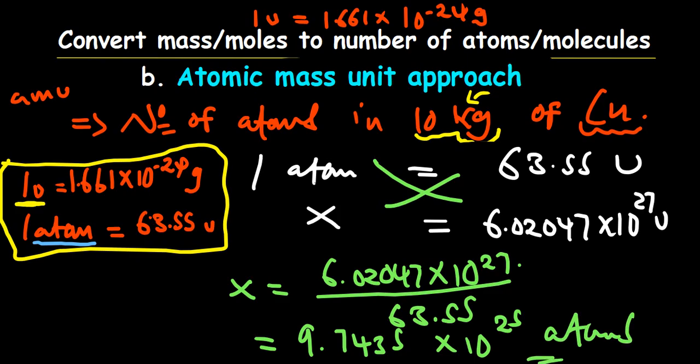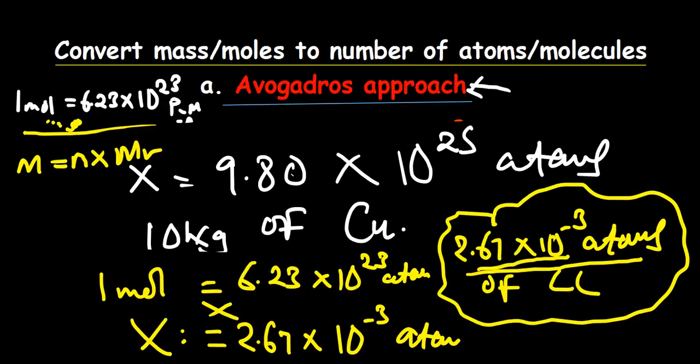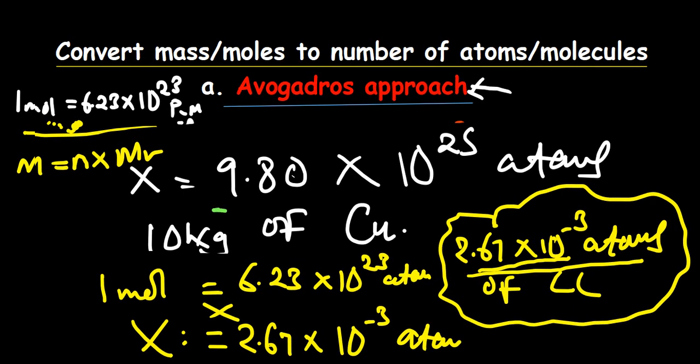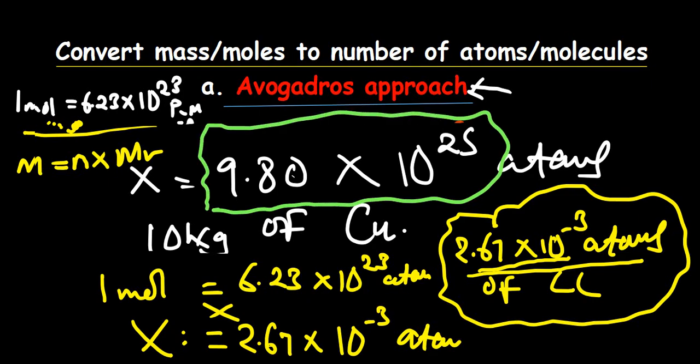You can see that it's similar to the number of atoms that we found using the Avogadro's constant. If I go back here, what did we find? That was 9.80 times 10 to the power 22.